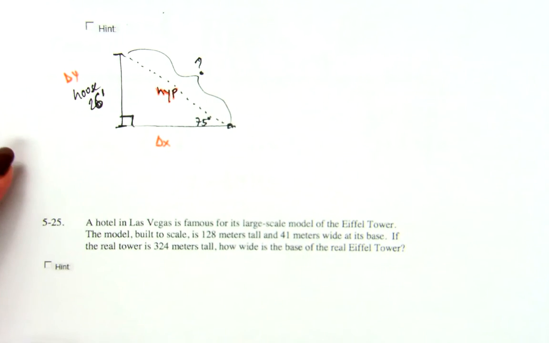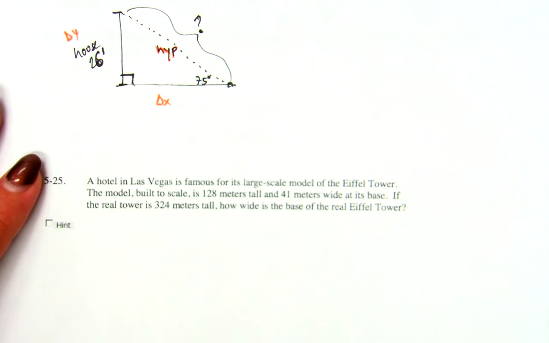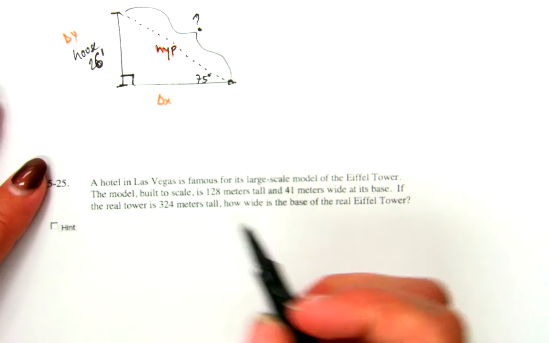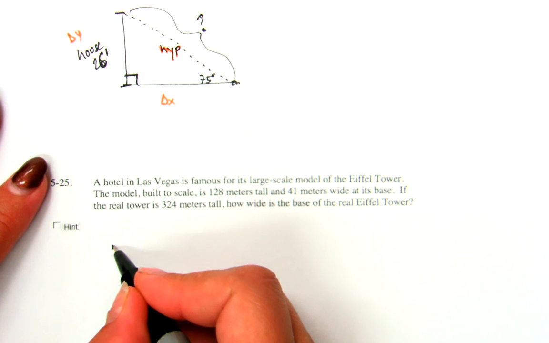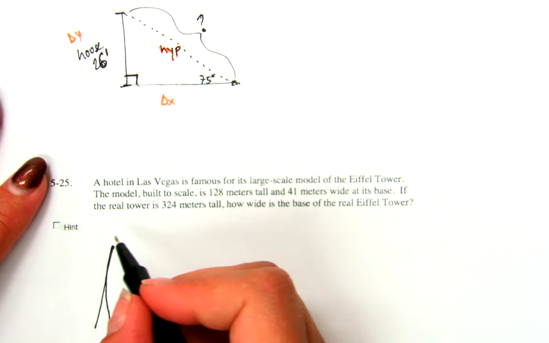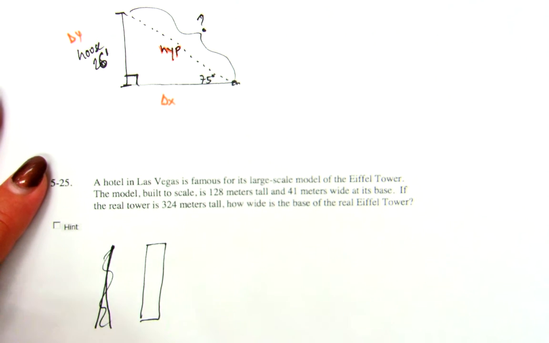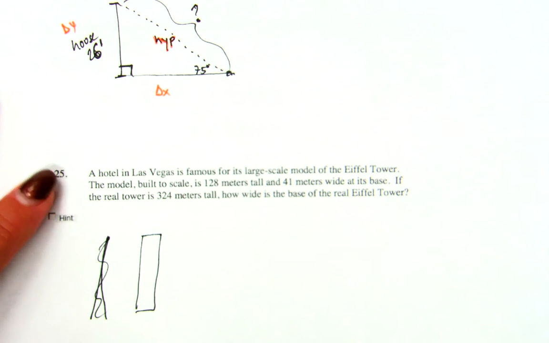All right, the hotel in Las Vegas is famous for its large-scale model of the Eiffel Tower. I don't even know how to draw the Eiffel Tower. Wow, that's horrible. Okay, let's just pretend this is the Eiffel Tower. There you go.